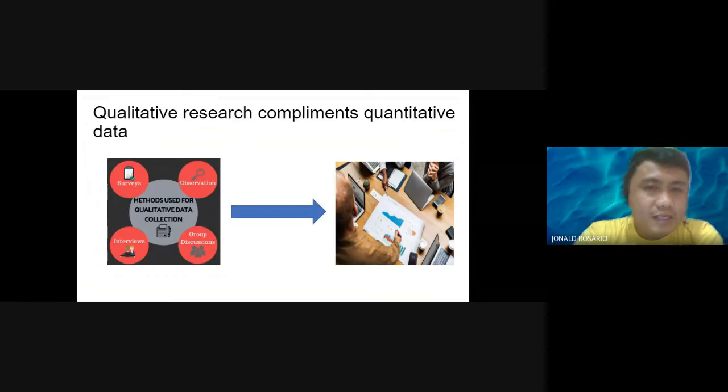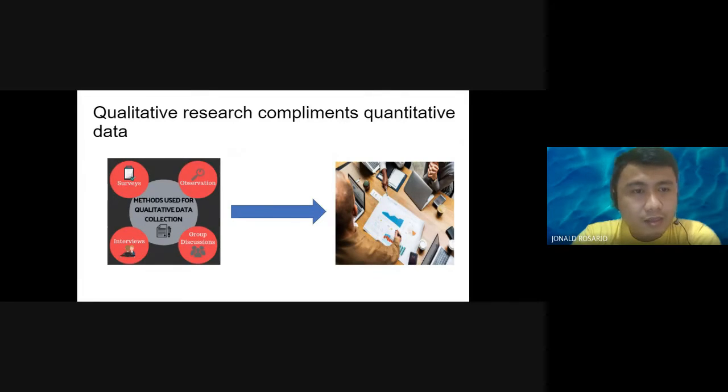Just like what you see here in the diagram on the left, we can get qualitative data using surveys. The survey uses open-ended questions, observation, focus group discussions, and of course interviews. Using these data gathering methods, we can have qualitative data which will be used on quantitative data.